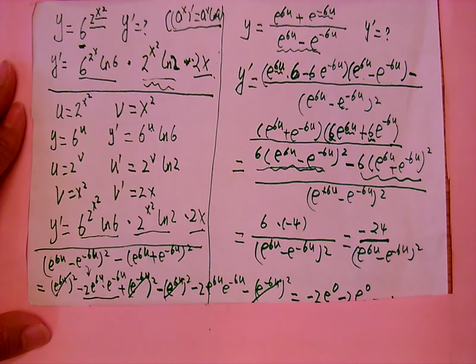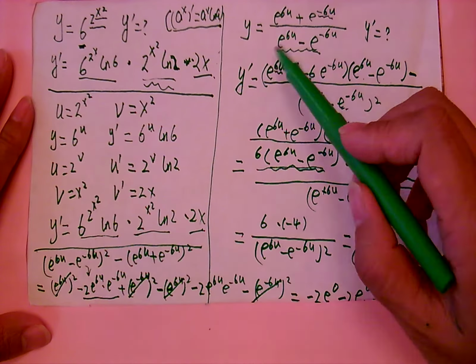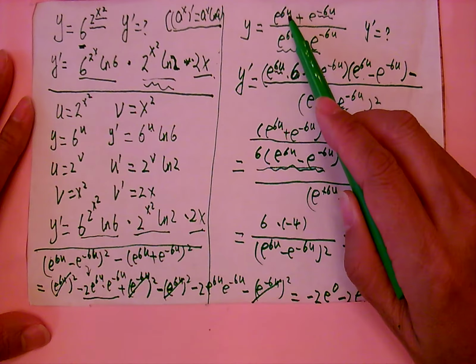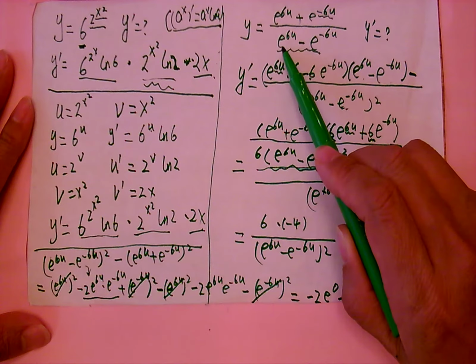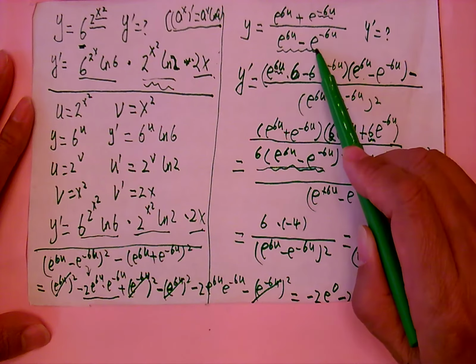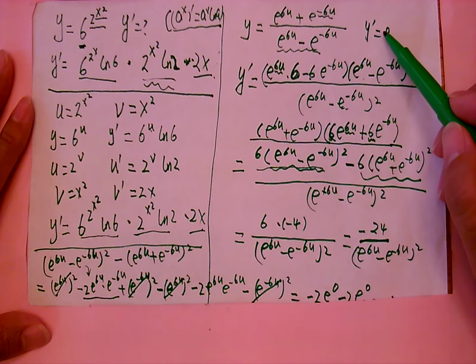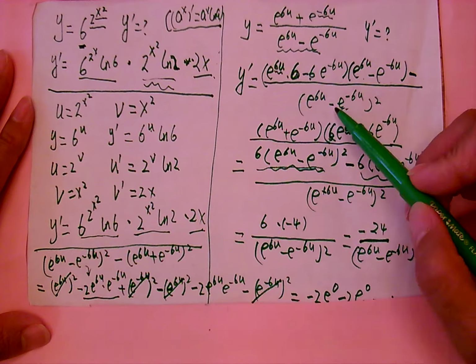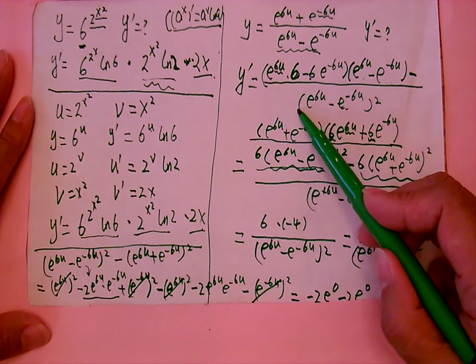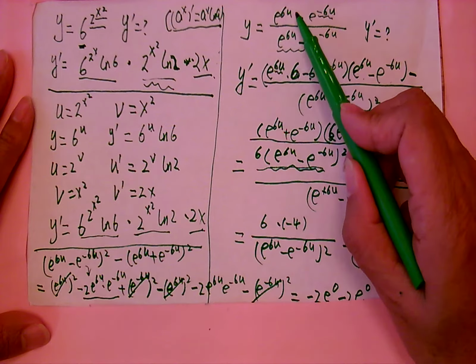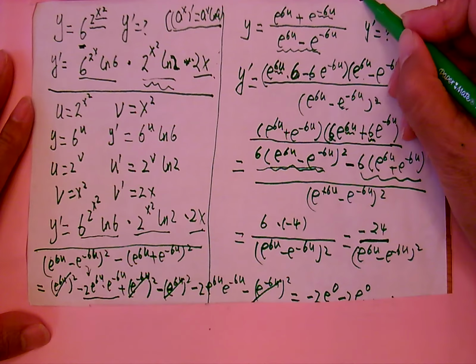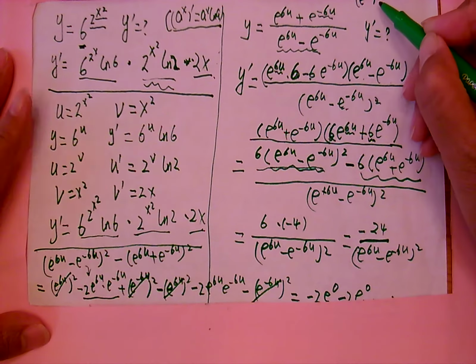Second example is y equals e to the 6u plus e to the negative 6u divided by e to the 6u minus e to the negative 6u, and it asks you to find the derivative. Okay, I use the quotient rule, so this will be the denominator squared, and this numerator derivative, I use e to the x derivative equals e to the x.